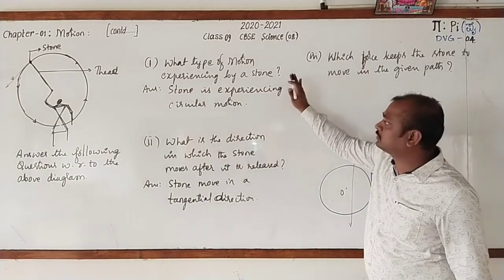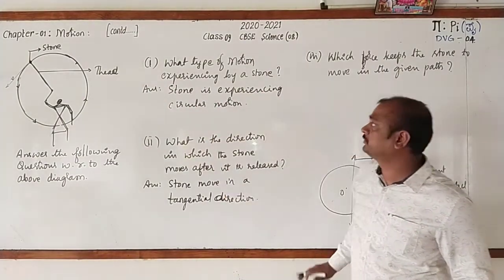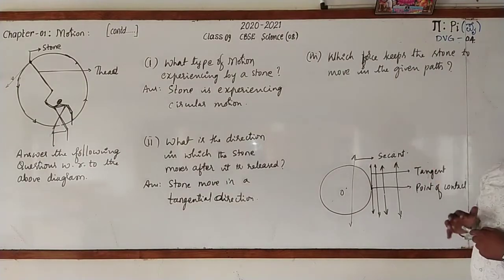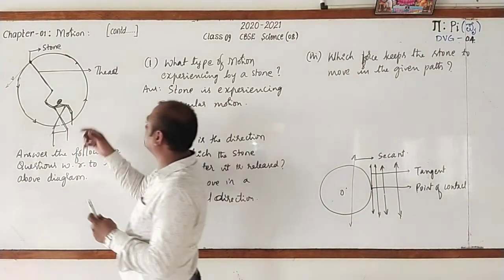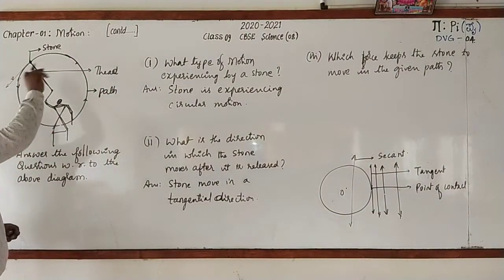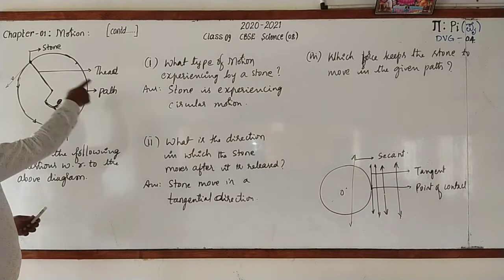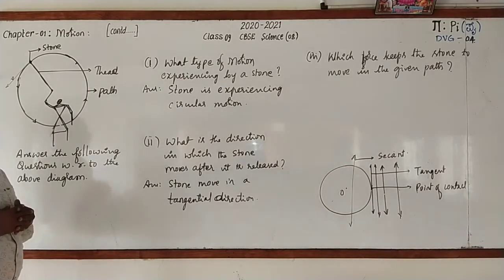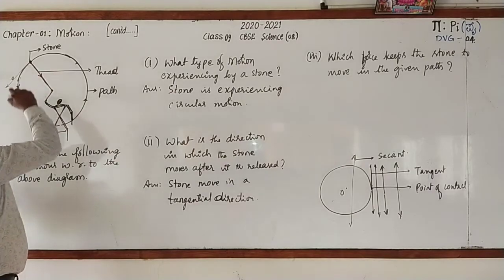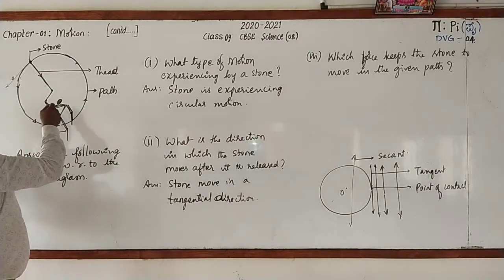Next, go through the third sub question. Which force keeps the stone moving in the given path? See, this is the path in which the stone is moving. What is the shape of that path? It is circular, right? Then a force is acting here.